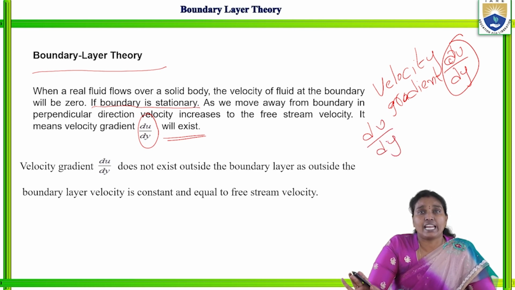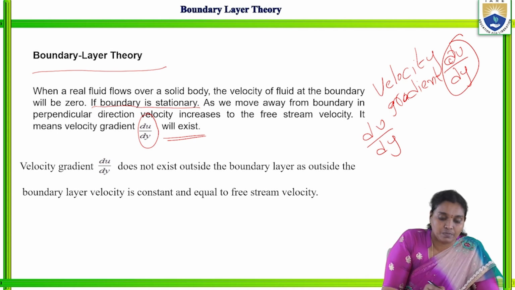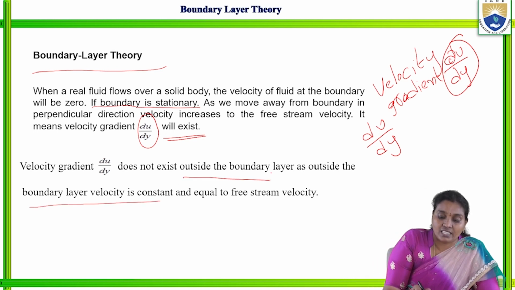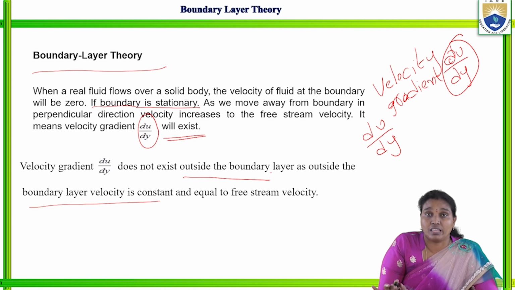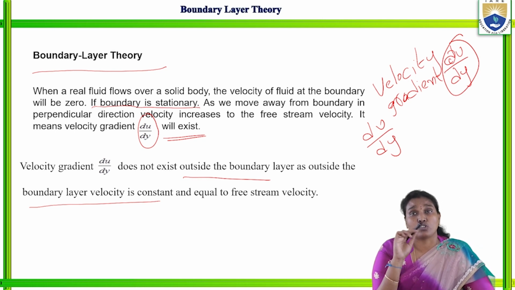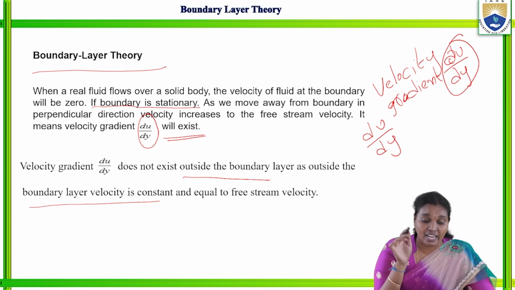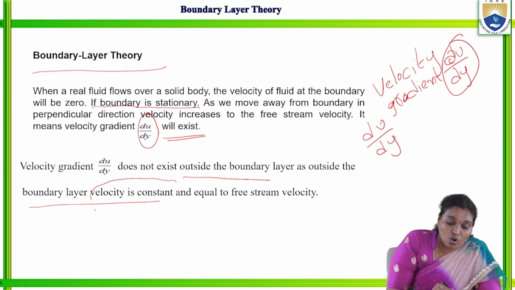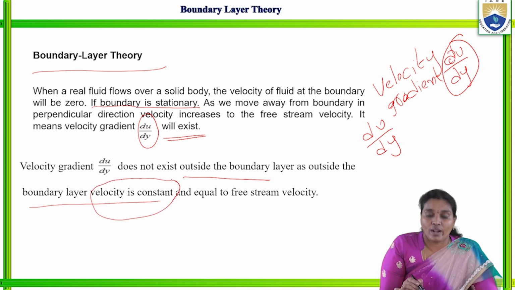The velocity gradient du by dy does not exist outside the boundary layer, as outside the boundary layer the velocity is constant and equal to the free stream velocity.